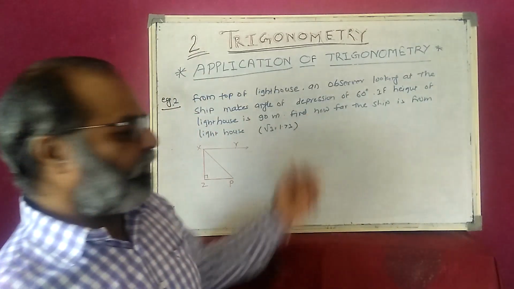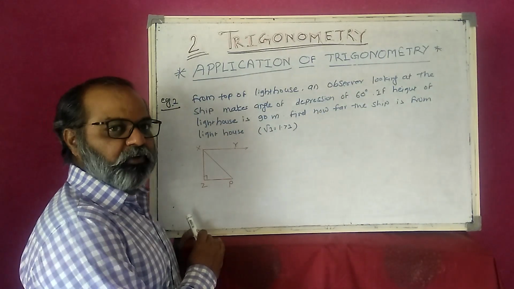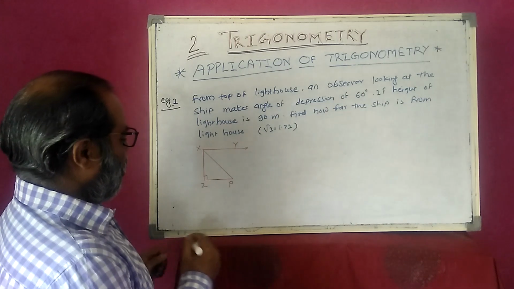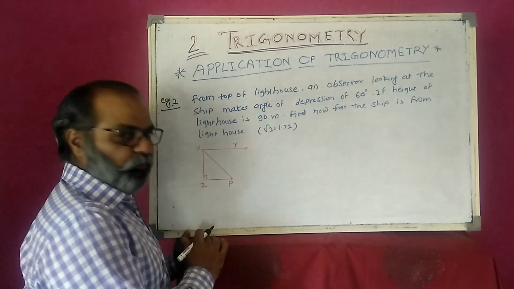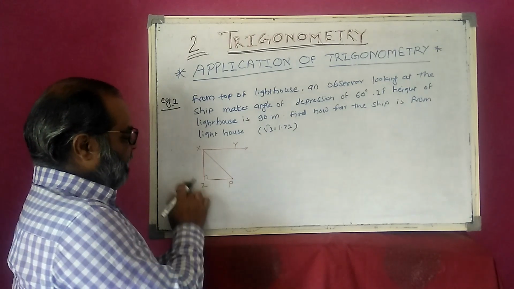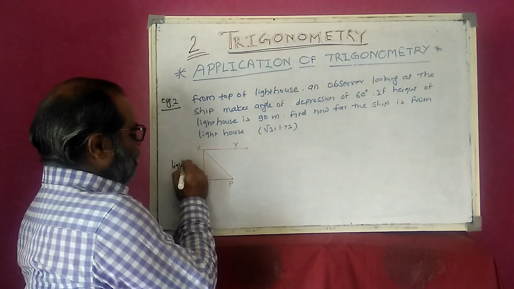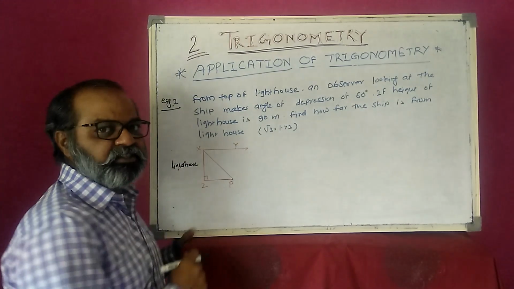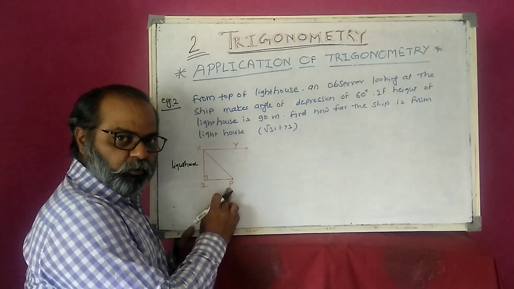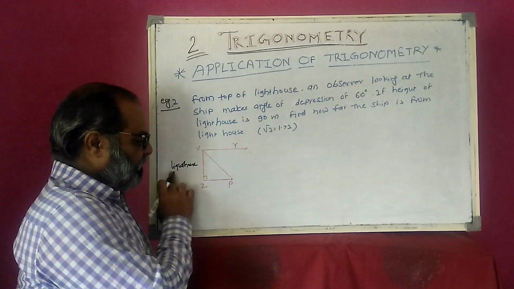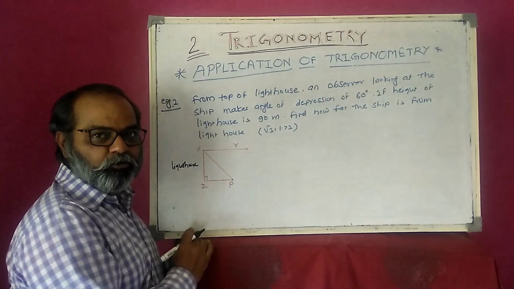From the given condition, I draw the figure here. Here is the ship at the point P. XZ is the lighthouse, and a person is standing at X. I repeat, P is the position of the ship, and XZ is the height of the lighthouse.